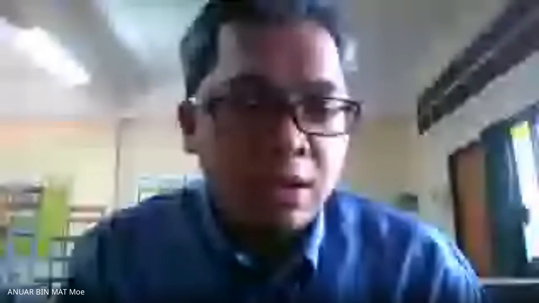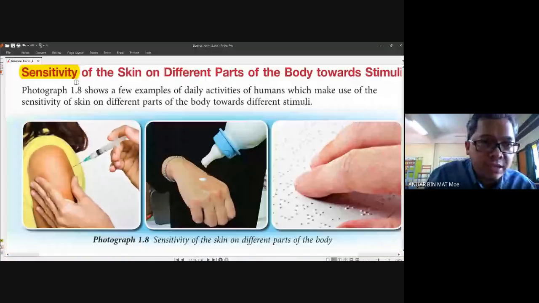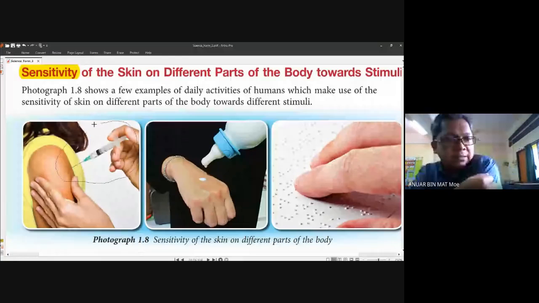Lagi satu, if the doctor wants to give you an injection, contoh gambar ini, one in the arm, in the forearm here.